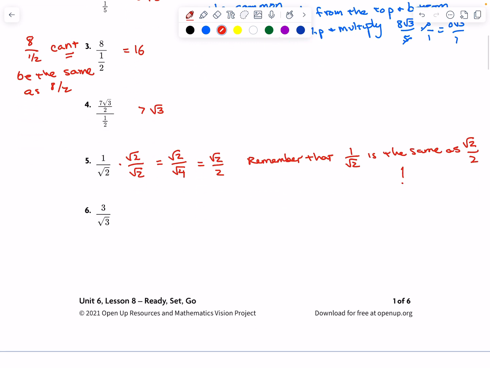Okay, make sure you're keeping track of that. 3/√3, multiply both sides by √3. And it does the same thing. The 3's cancel this time.